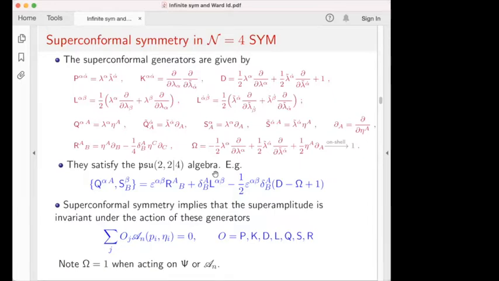But now I'm interested in celestial amplitudes, so I also want to find similar constraints on celestial amplitudes. But as the first step, I need to work out the generators of those symmetries on the celestial sphere. Okay, thank you.